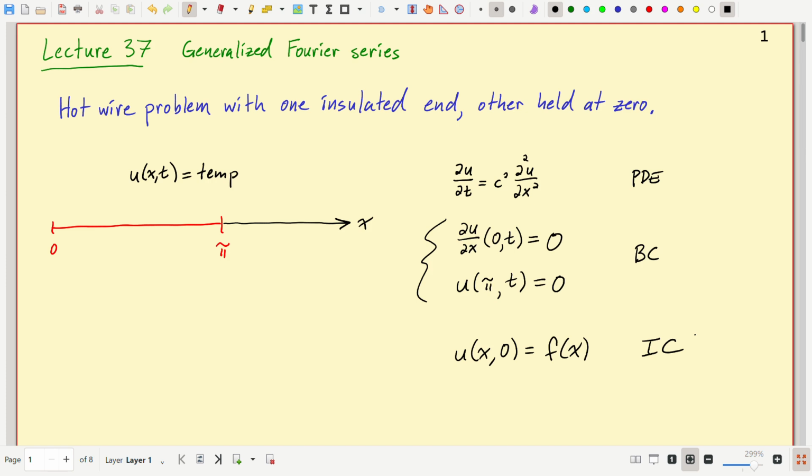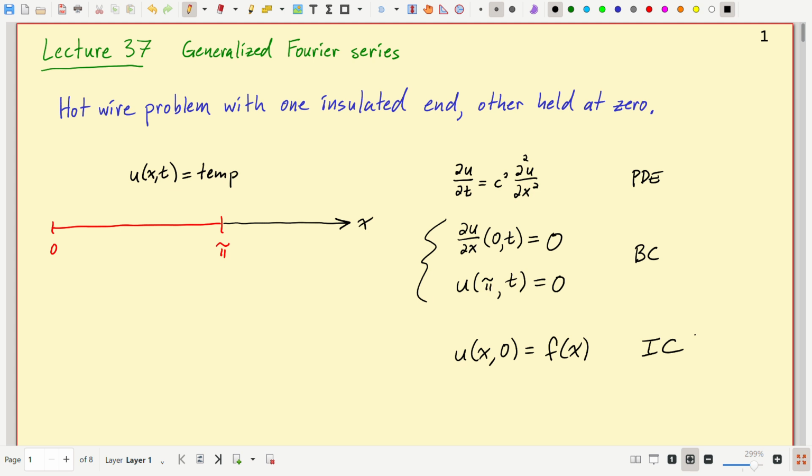I wanted to say a few words about generalized Fourier series, which basically is you do the routine of solving a famous problem, usually by separation of variables, and you might get non-standard functions, which turn out to be orthogonal, and it happens again and again.